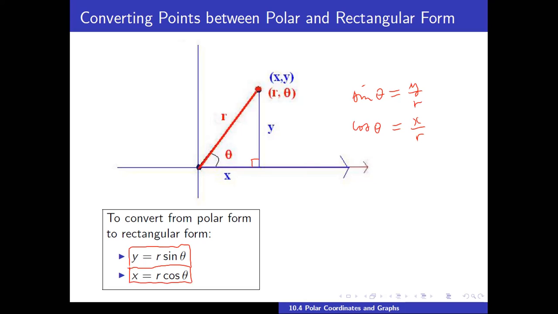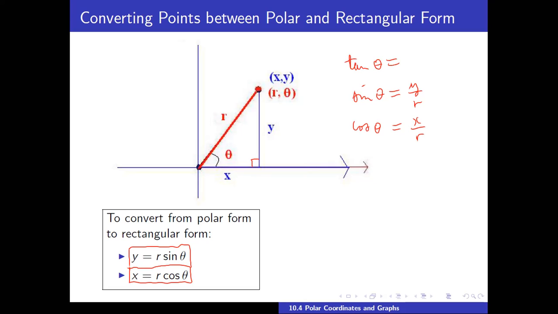This ought to remind you of parametrizing a circle of radius r. Remember, we just did an example in the surface area formula where we had r equal to 4. So the relationship between r and theta and x and y is given by that right there. And by the way, what's tangent of theta equal to?